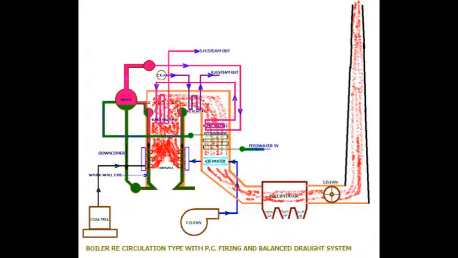This way, present-day boilers have evolved in such a way that they generate more steam effectively with better heat content, with lesser fuel consumption, utilizing the heat value available within the fuel.